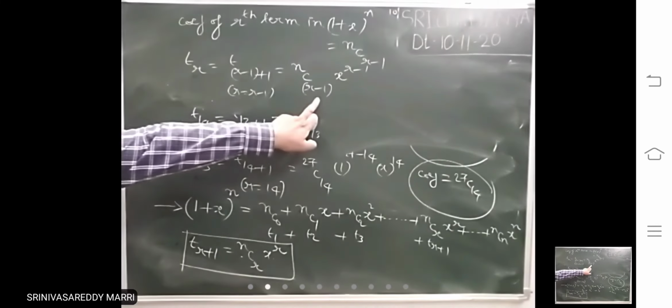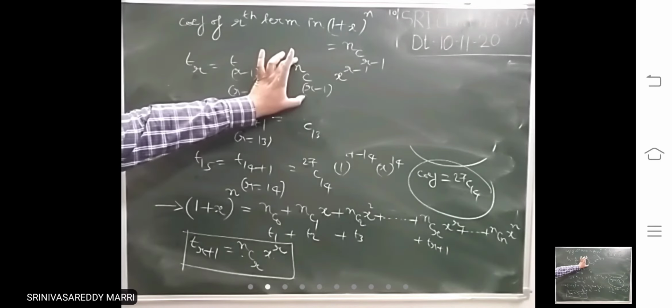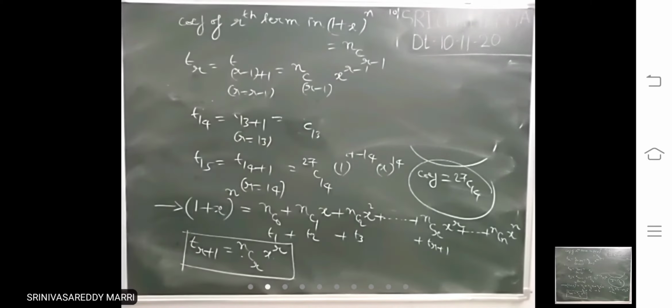This is the rth term in this expansion. What is its coefficient? nC(r-1). That is the coefficient of the rth term in the expansion.